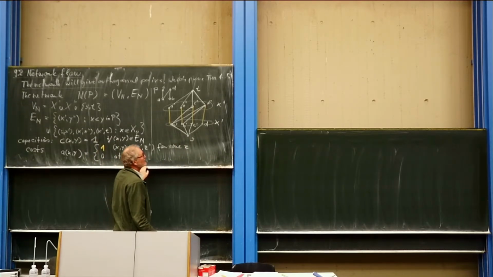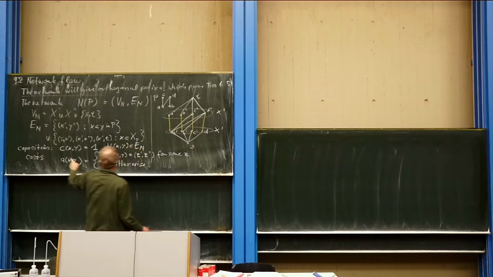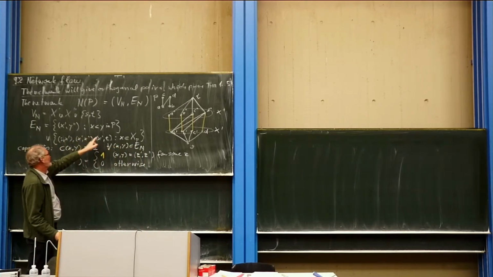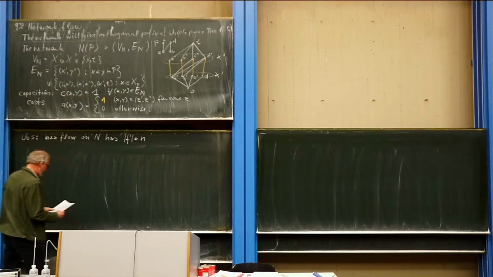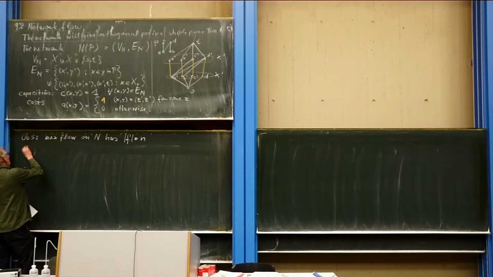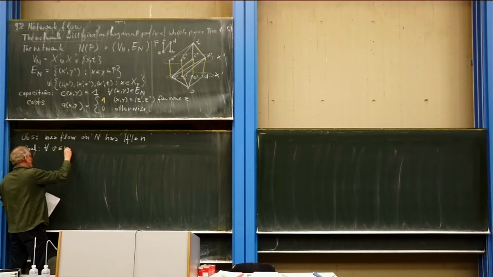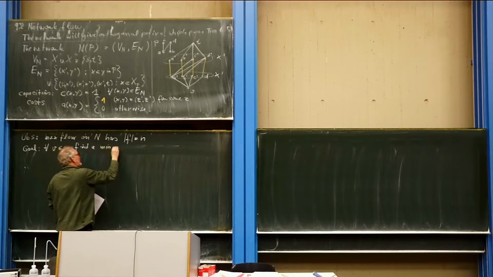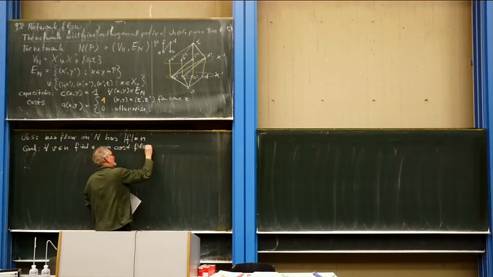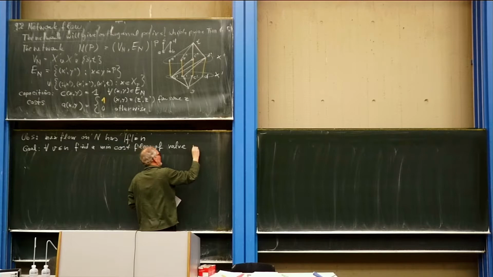And actually we can reach this value by just taking the flow on the paths S, x prime, x double prime, T, for each x. So this is the maximum flow. And now the goal is that for every value v less than or equal to n, we find a min cost flow of value v.